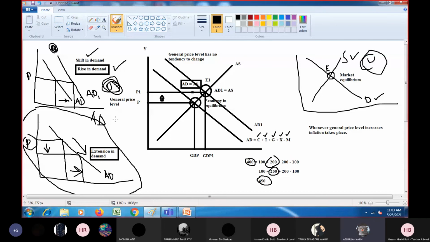Okay, now listen clearly. Whenever I talk about this, let me just draw the diagram so that you will be clear about it. Let's say I draw a diagram of aggregate demand. This only shows the willingness of the people to buy. It does not show that people are already buying.